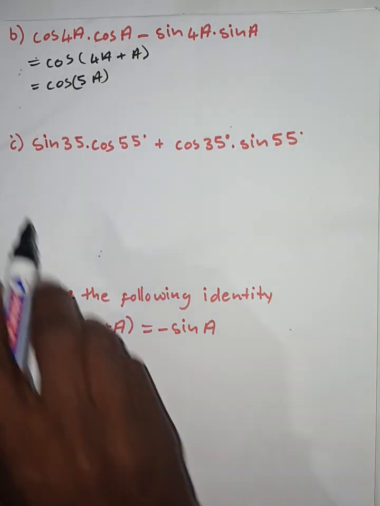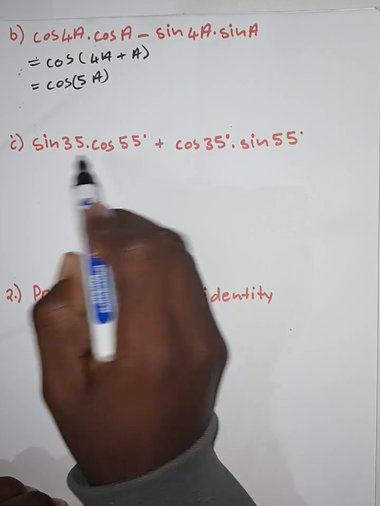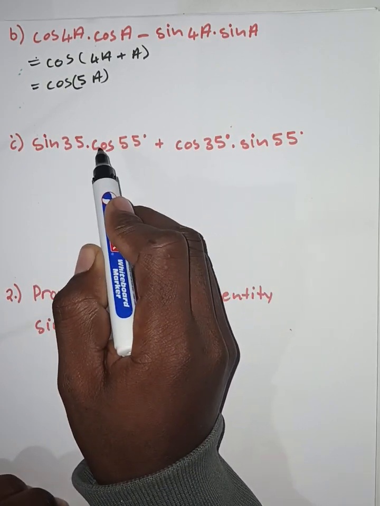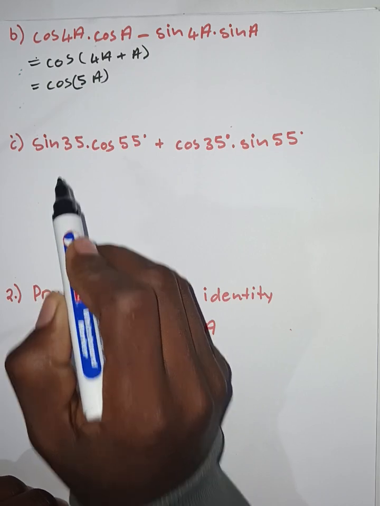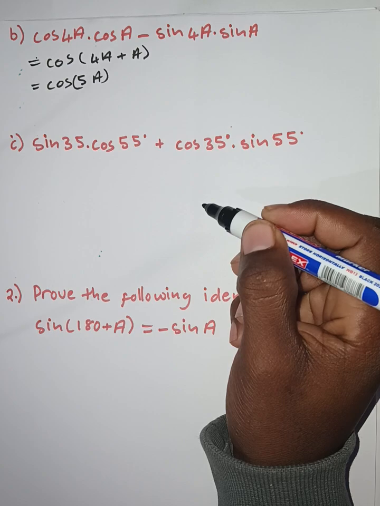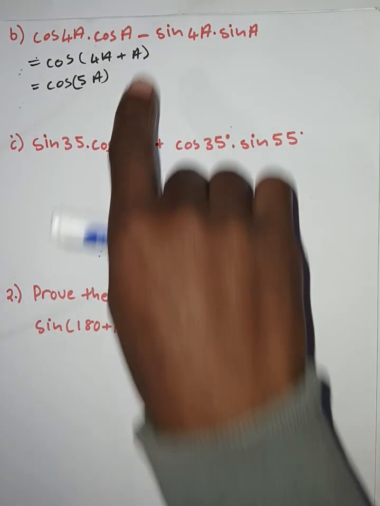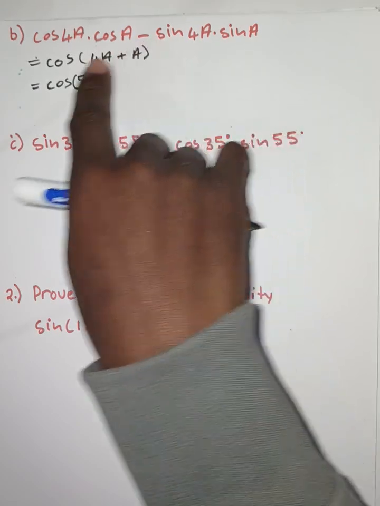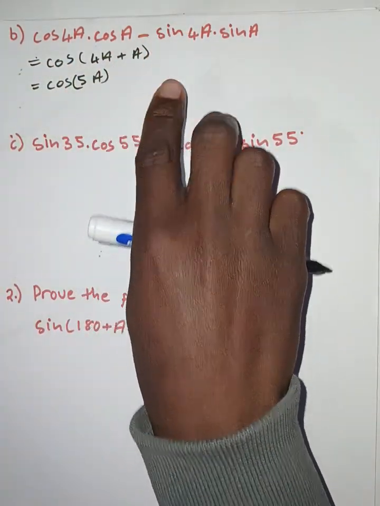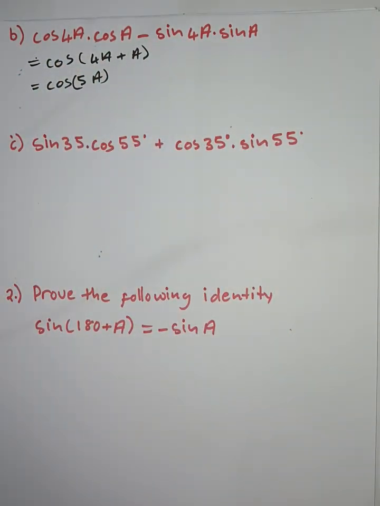Now we must again simplify sine of 35 multiplied by cos of 55. You can see the names do not match, so this is a sine identity again. Which one? The one that has a positive. Remember one thing about the compound angle identities for cos: if it's a minus on one side, on the other side it would be a plus, and if it's a plus, the other side would be a negative.